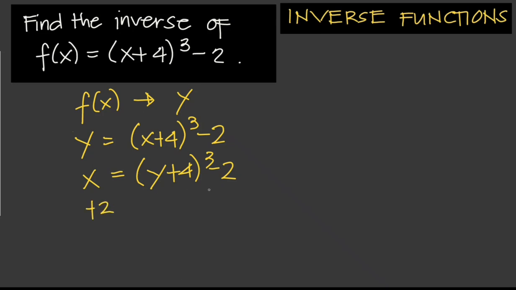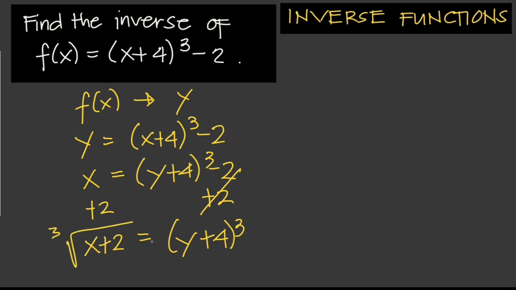So we add 2 to both sides and this cancels out. So this would be x plus 2 equals y plus 4 cubed. Then get the cube root of both sides.